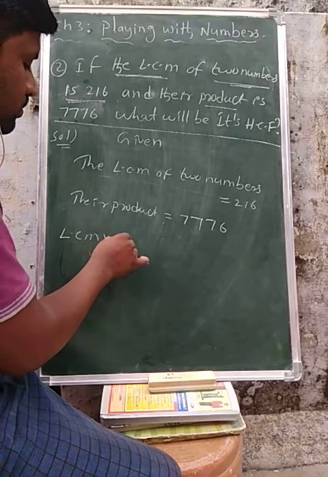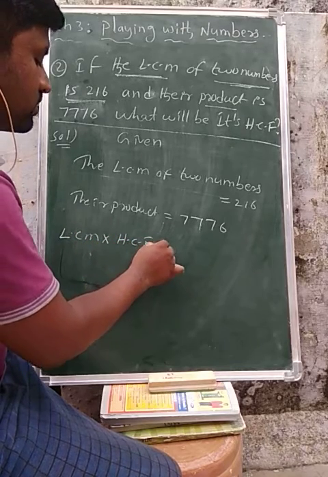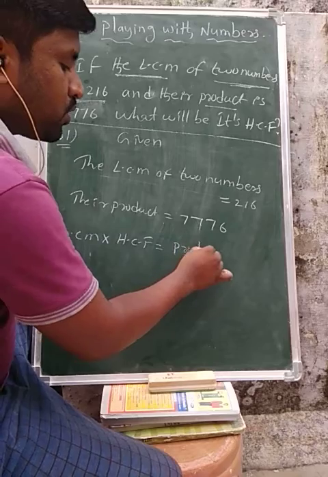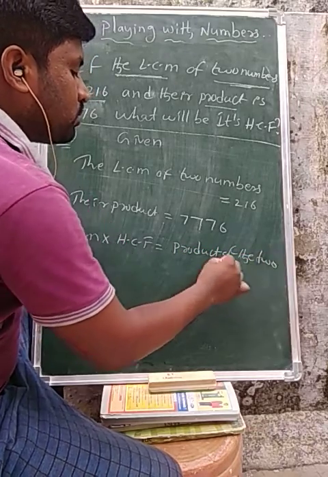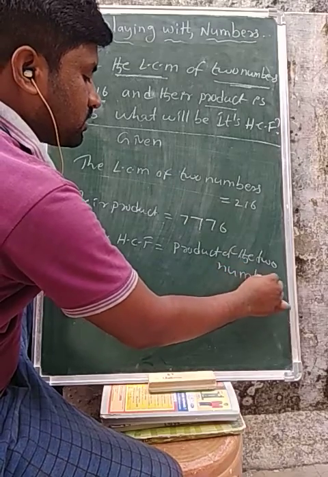What is the relation? LCM into HCF is equal to the product of the two numbers. This is the relation.